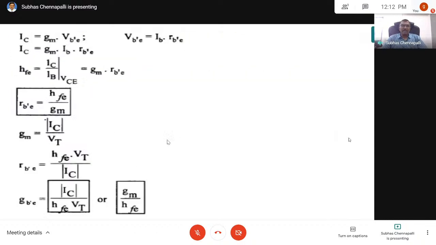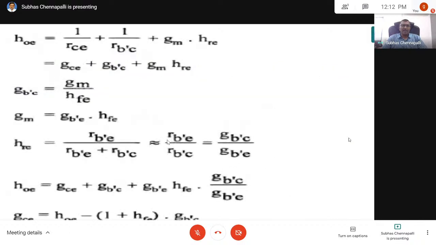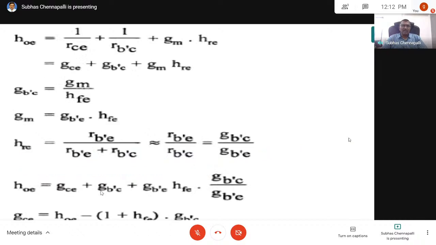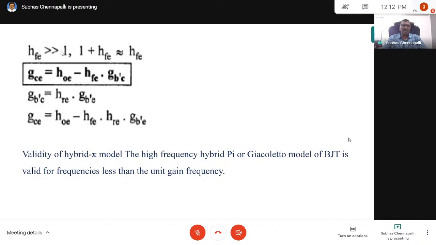This parameter is calculated here. Inverse of this, you will get RB dash C. So that you substitute here, you will get GCE. So all parameters we have calculated. You can leave it here or further simplify, making some reasonable assumptions. You can arrive at a simpler formula, but this is the full formula.